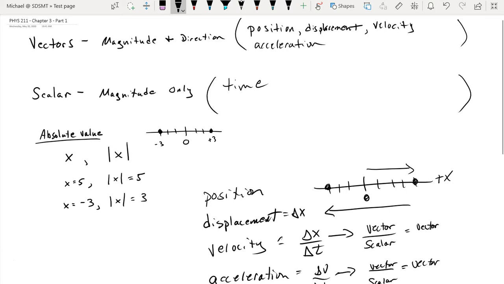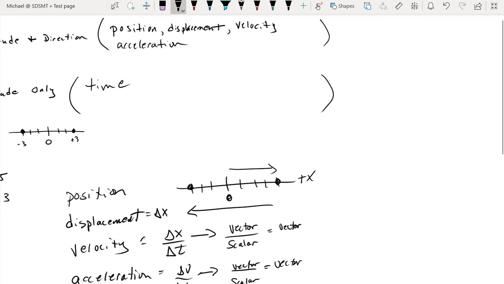Now, looking at those 5 terms, these are essentially the 5 entries that we have been using for all of our kinematic equations. And 4 of the 5, it turns out, are vectors.